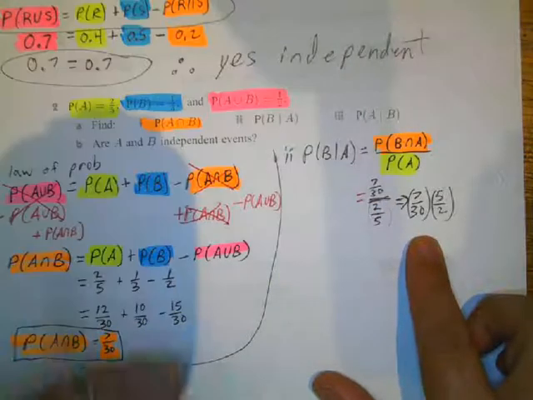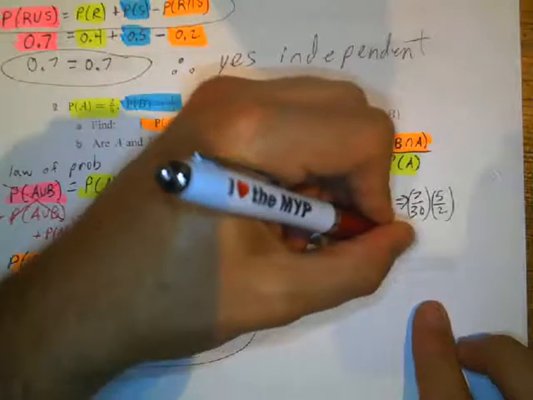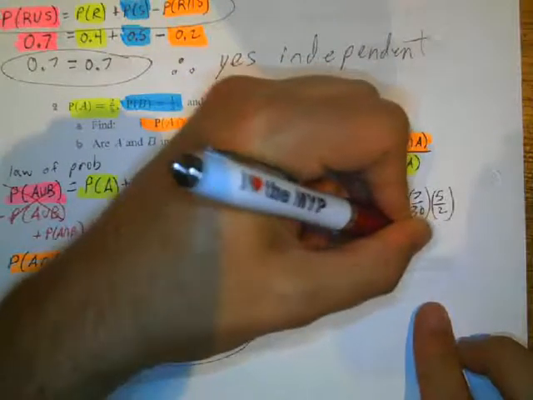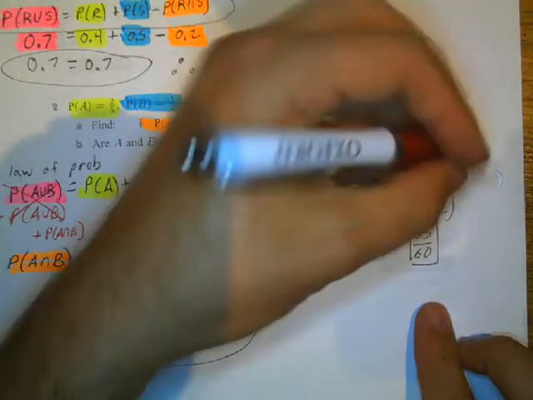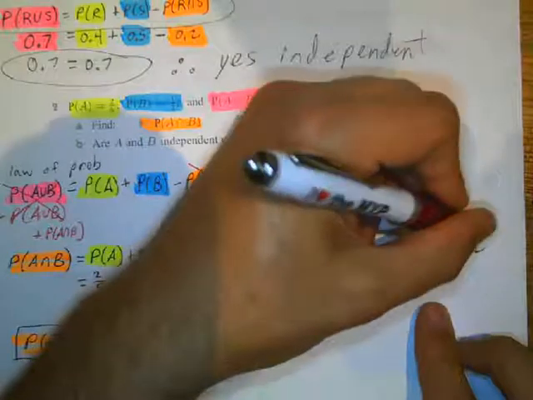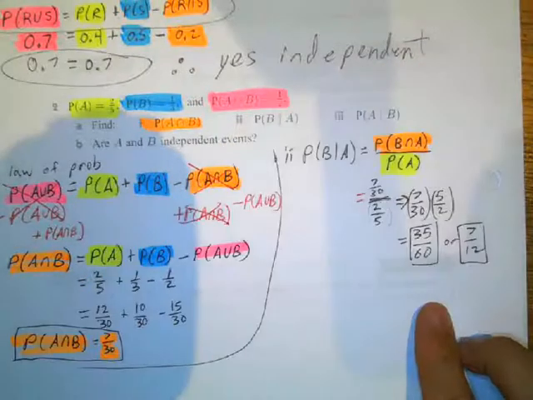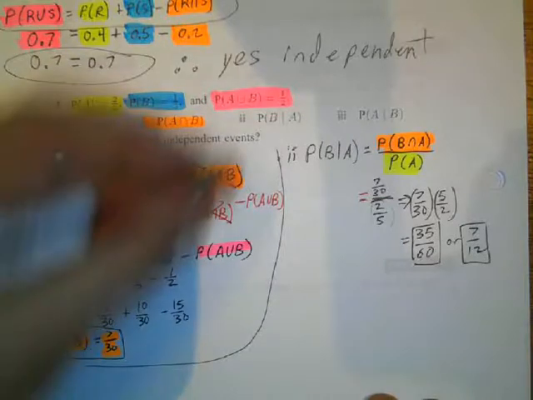Okay, you may want to rewind and think about that for a second. And so now we end up with 35 over 60, or you can simplify it to 7 over 12. I will accept either answer. Okay, you may want to hit pause and think about this. Now let's do question III.